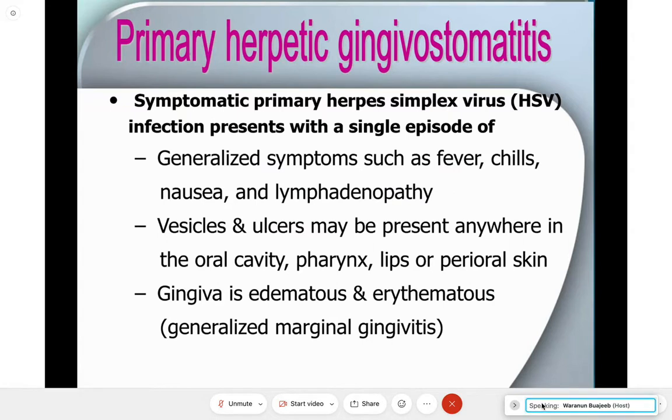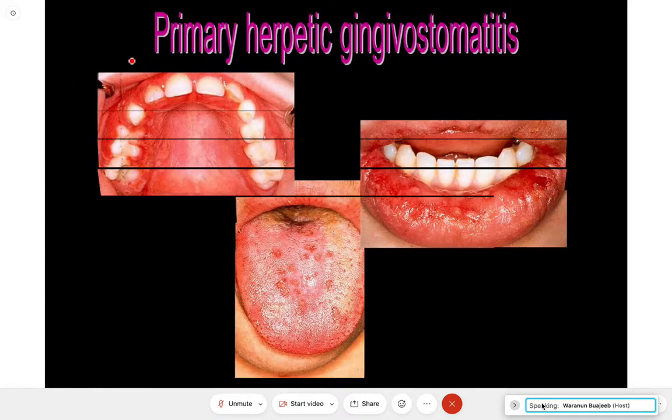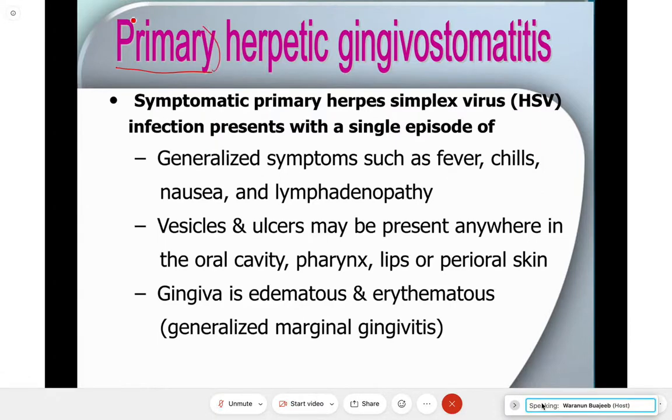You can see from the name of the disease: primary, occurring the first time, no history. Herpetic, caused by herpes simplex virus infection. Gingivostomatitis, inflammation in the oral cavity because of ulcers, and also inflammation of the gingiva.